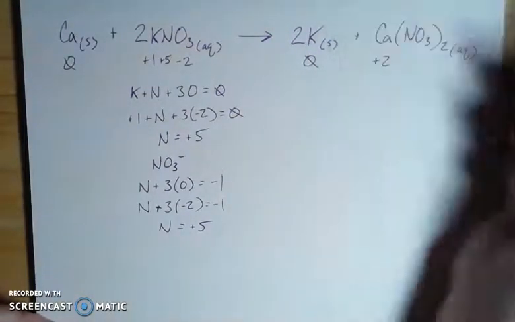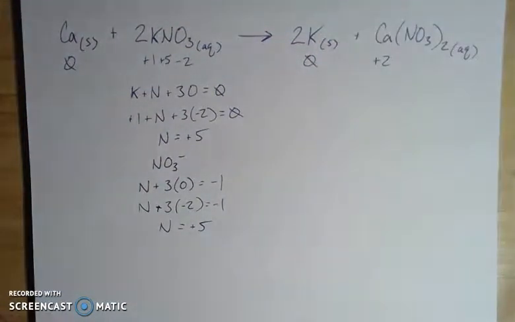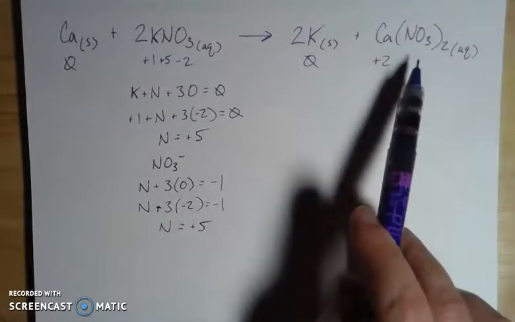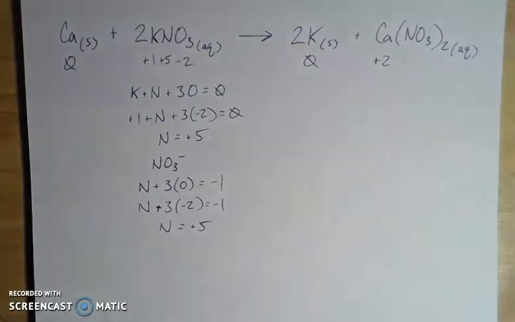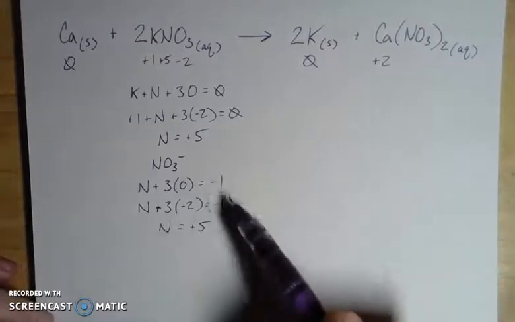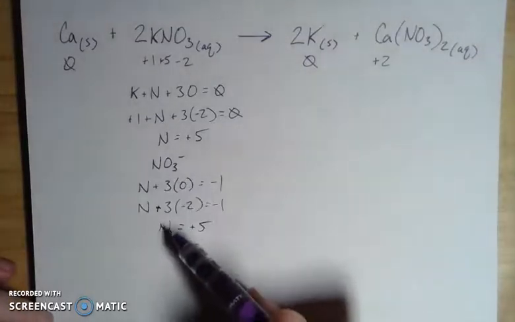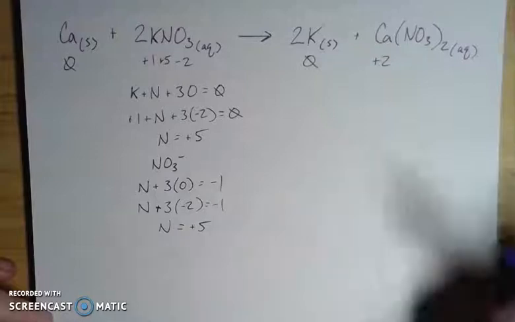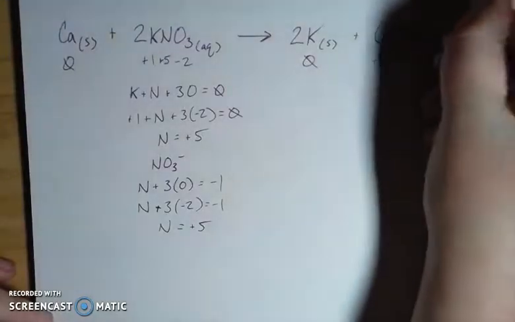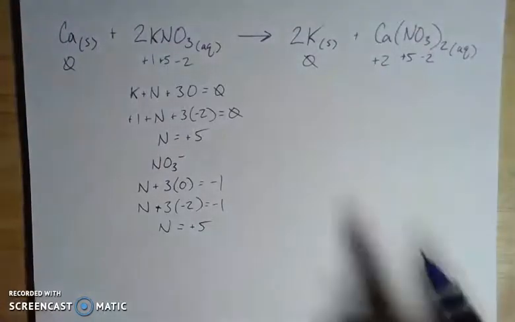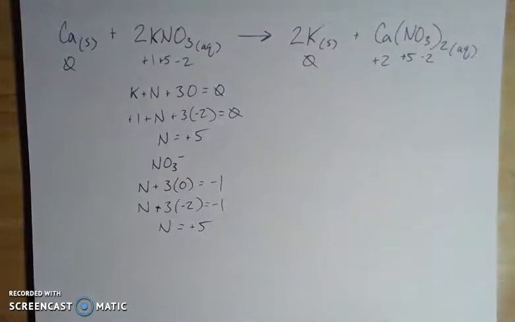It's going to be the charge on that ion. We know that calcium is one of our alkaline earth metals, so it always has a charge of +2. And because this is nitrate, and nitrate stays the same, and oxygen's always -2 in a compound, this is going to stay the same here. So my oxygen's -2, my nitrogen is +5.